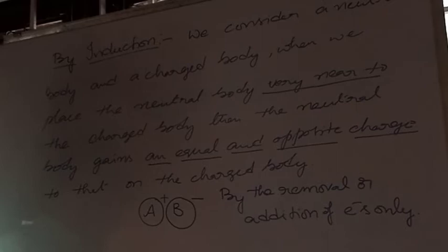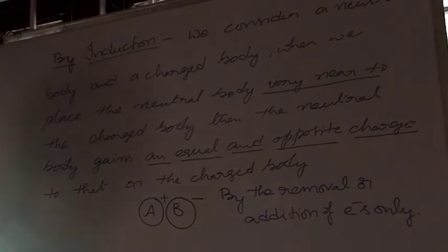So in the first process, that is friction, when body A and body B are initially neutral and are rubbed together, some of the electrons are lost by the first body, and those electrons are gained by the second body. So electron transfer is taking place.